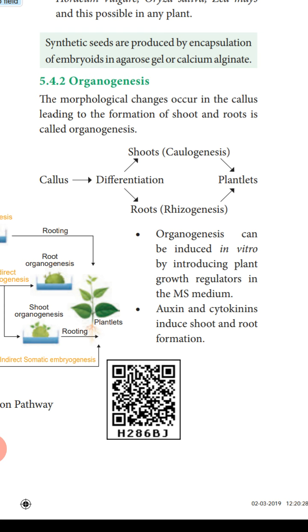If from the callus the roots are developed, with the hormones present in the medium, the shoot can be induced to develop. As a result, we will get a complete plantlet. The development of the roots or shoot can be induced with the help of growth regulators, which are nothing but the plant hormones present in the medium.